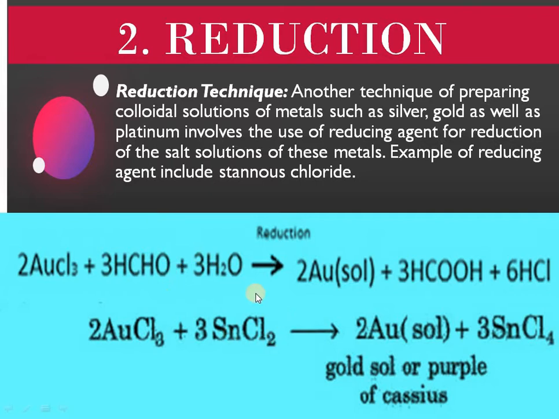We use stannous chloride, SnCl2, with a gold solution, AuCl3, and when they react they form gold sol, which is of a purple color. Similarly, a gold sol can be obtained by the reaction of formaldehyde with water. In both cases reduction takes place and we get a colloidal metal solution, or gold colloidal solution.